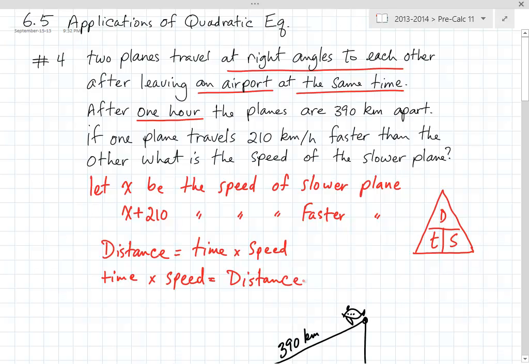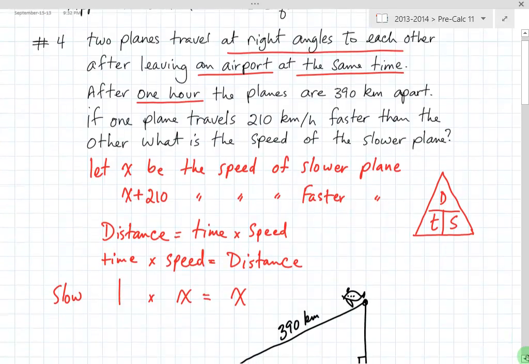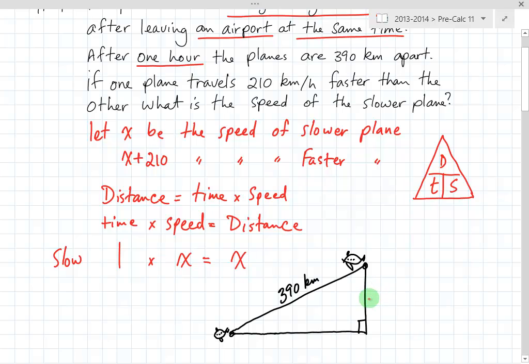Time for both of them is given to us as 1 hour, right? So for the slow one, time is 1 hour, multiplied by its speed. What is the speed of the slow one? x. So the distance that the slow one travels in 1 hour is x kilometers. Then I go to my right angle model of their travel.